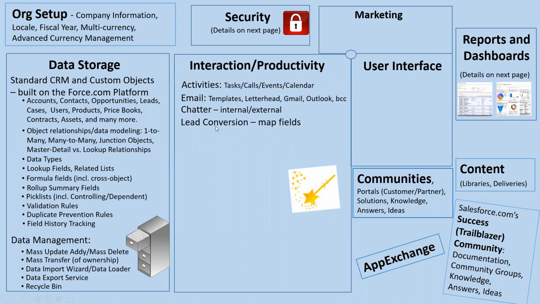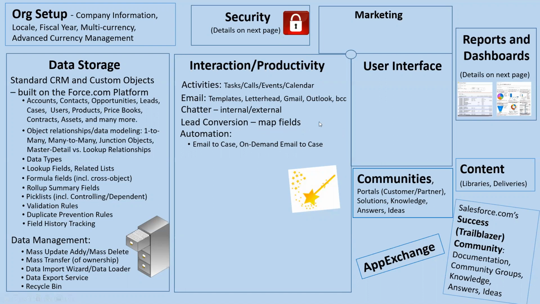And the idea here is that if you're using the lead object to put leads in there, and you're collecting custom information from your leads, say they fill out a form on your website and give you some information, then when you convert them to an account, contact, and optionally an opportunity, we can, as an administrator, map those fields onto fields in those objects and make sure that we don't lose that data when we convert the lead to accounts, contacts, and optionally opportunities.